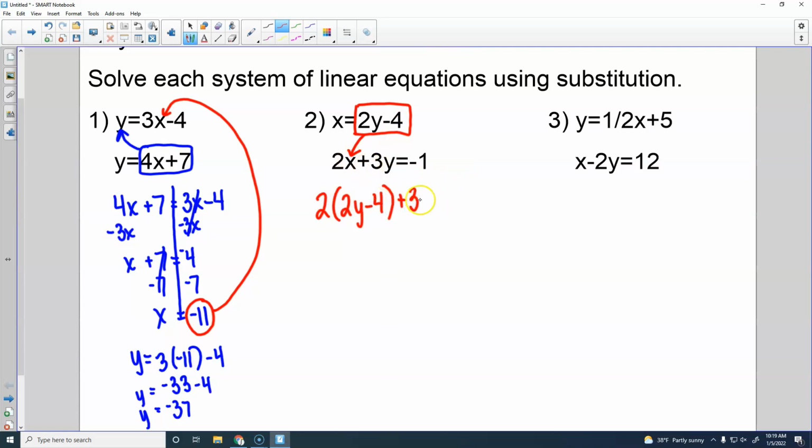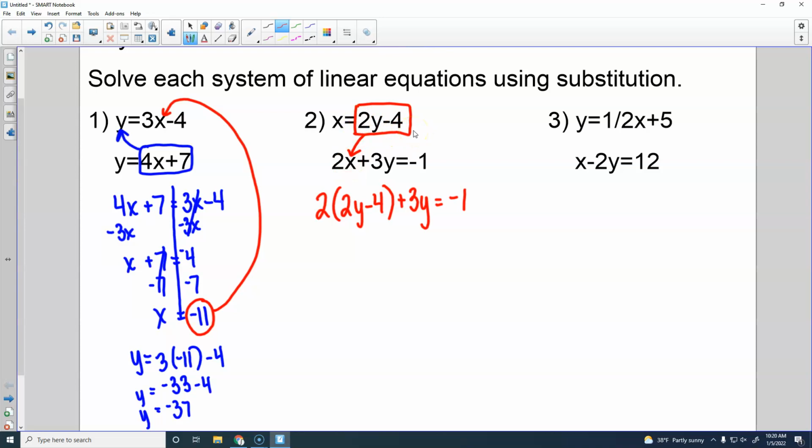And then just write the rest of the equation like shown. Okay, so it's almost just like you erase that x and put 2y minus 4.